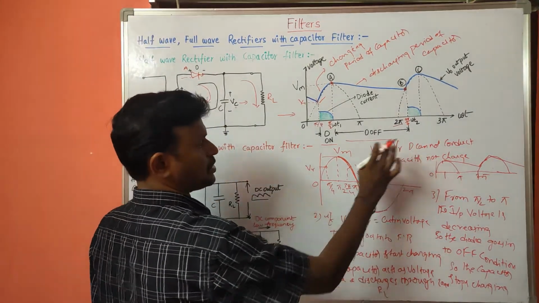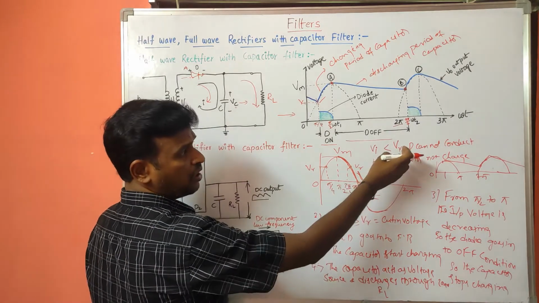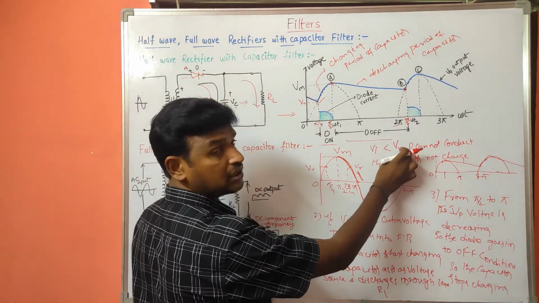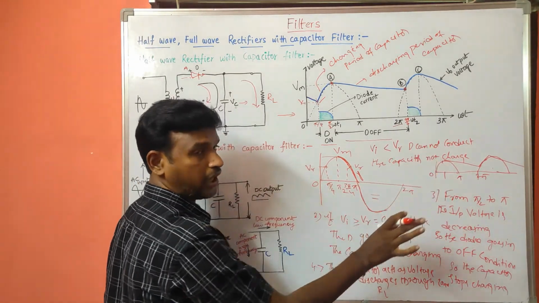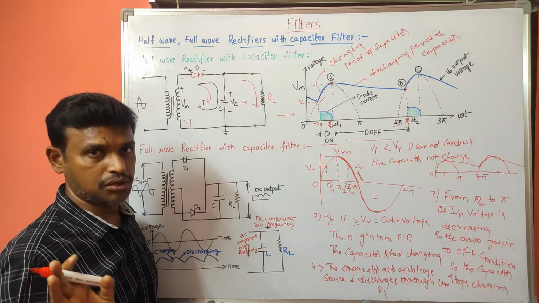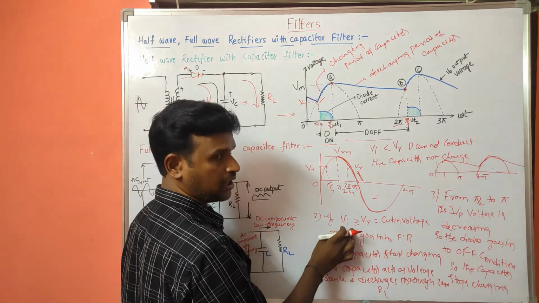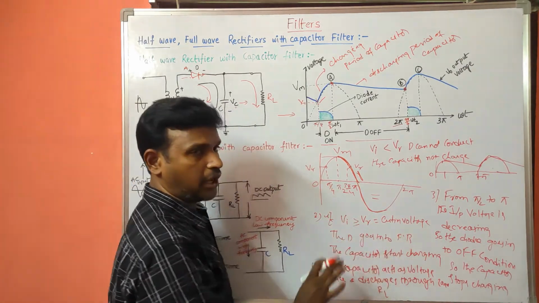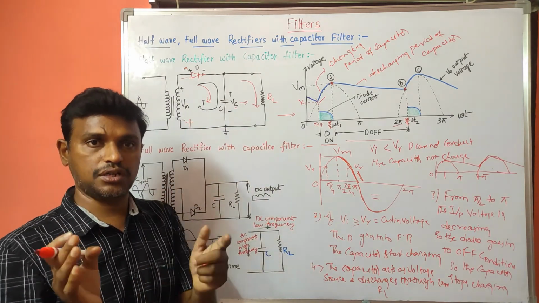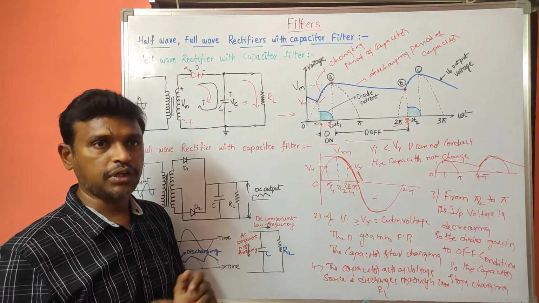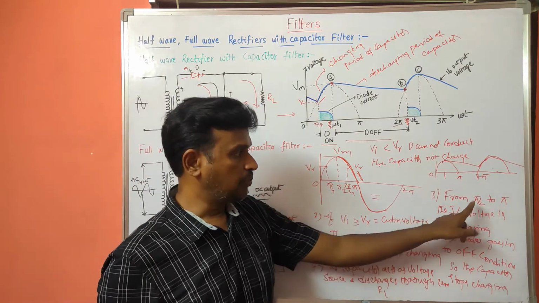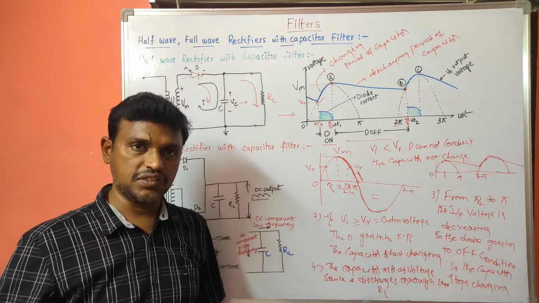So these points are very important here. Whenever Vi is less than the V gamma, that is the cut-in voltage, the diode cannot conduct and the capacitor cannot charge. After that, if it is greater than or equal to V gamma, the diode will conduct and the capacitor charges to the peak value. After that, the third case is from pi by 2 to pi, where the input voltage is decreasing.